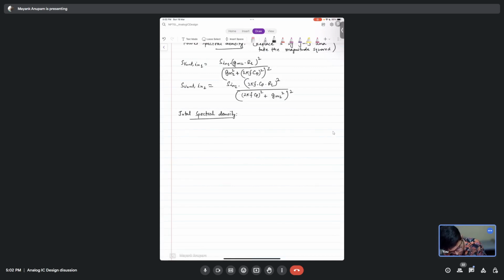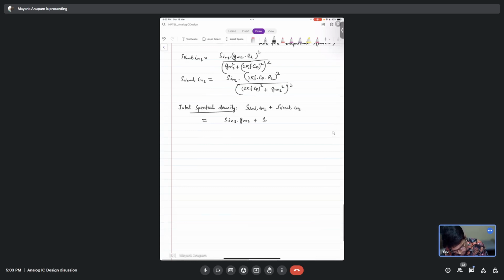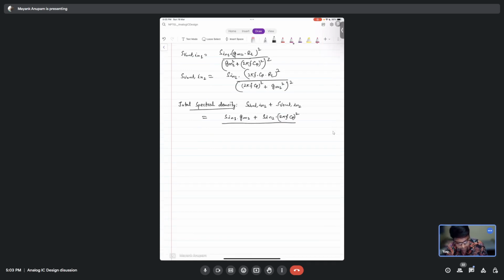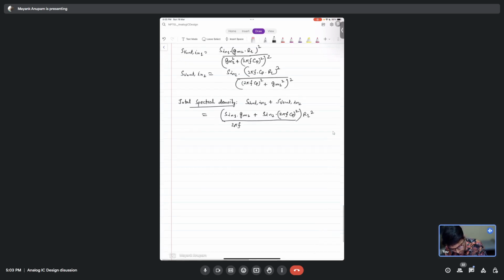It's equal to SV out due to IN1 plus SV out due to IN2, which is equal to SIN1 times GM2 plus SIN2 times 2πf CP whole square, multiplied by RL square, divided by 2πf CP whole square plus GM2 whole square, isn't it?